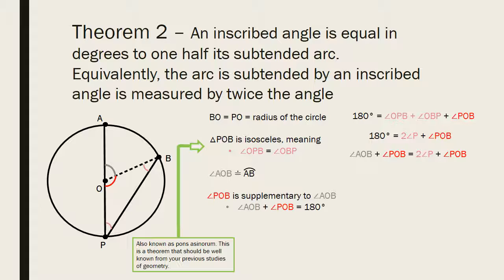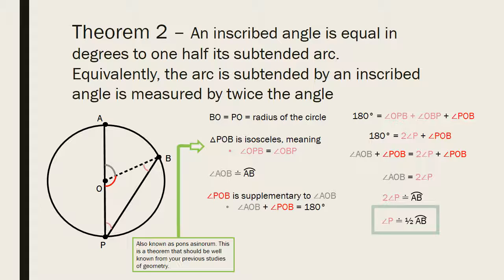So we see we have angle POB on both sides, so we can get rid of that and just break it down to angle AOB is equal to 2 angle P, and since we already said that angle AOB is equal to the arc length, we can say 2 angle P equals in degrees the arc length of AB, or in other words, angle P is equal to 1/2 AB, the arc length in degrees.